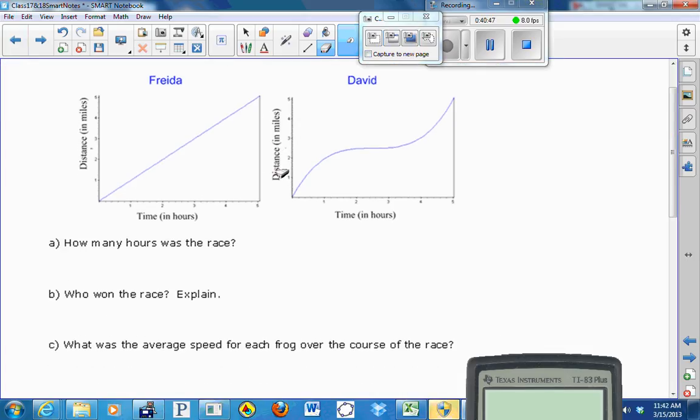What page is David and Frida on? 35. You gonna hang out with David and Frida? Yeah. Oh, I did find a calculator. What did I do with it? I had it in class the other day. I'll go look for it real quick. You want to use this one right here?